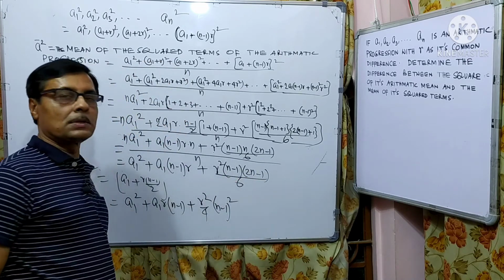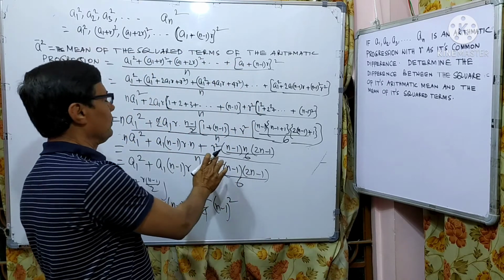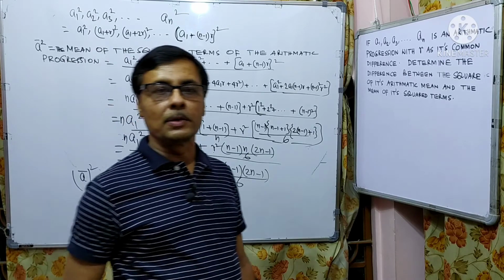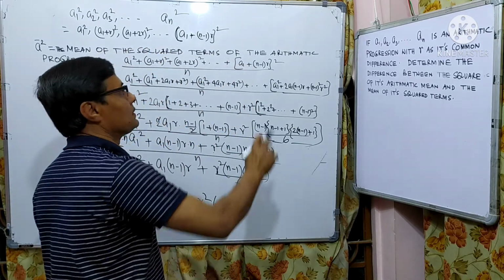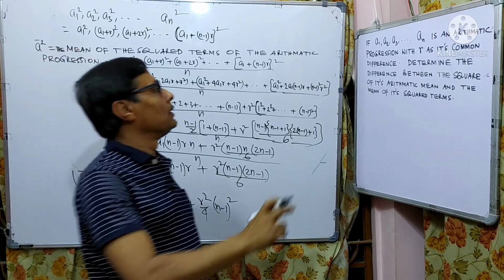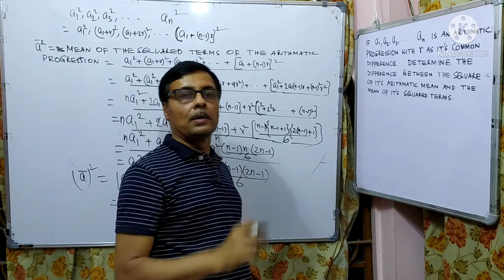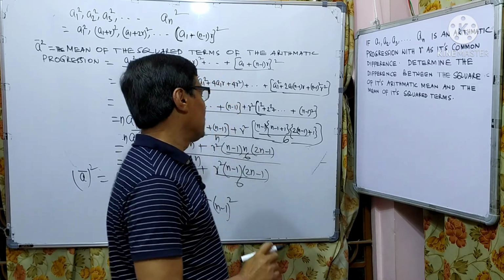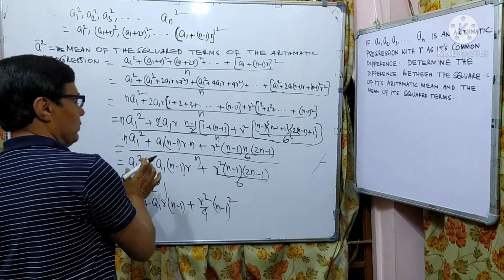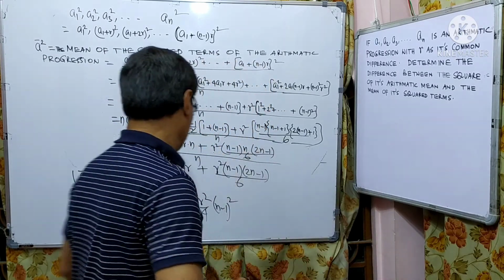This is the mean of the squared terms of this arithmetic progression, which is given as a1, a2, a3, dot dot n, that is a1, a1 plus r, a1 plus 2r, and so on up to a1 plus n minus 1 into r.